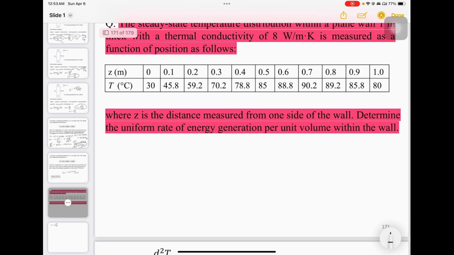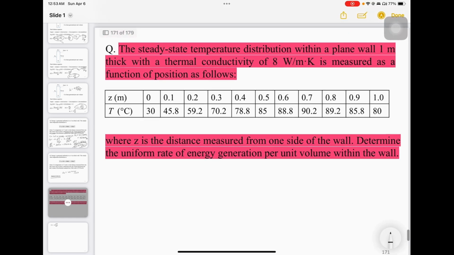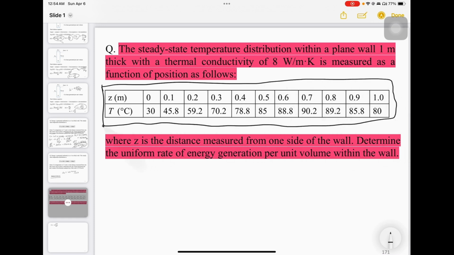Let's go to our next question, which says the steady state temperature distribution within a plane wall 1 meter thick with a thermal conductivity of 8 watt per meter Kelvin is measured as function of position as follows. This table is given for the temperature distribution with respect to Z, where Z is the distance measured from one side of the wall.